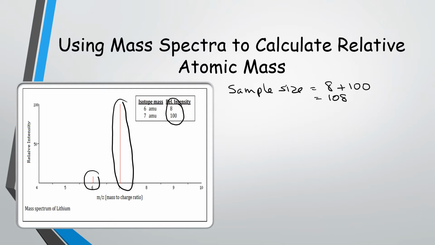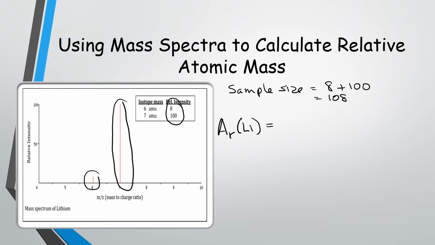Now what you can do is calculate a weighted average to determine the relative atomic mass. So atomic mass has the symbol A, relative means the little r, and it's for lithium, so I'm telling my marker what I'm doing.